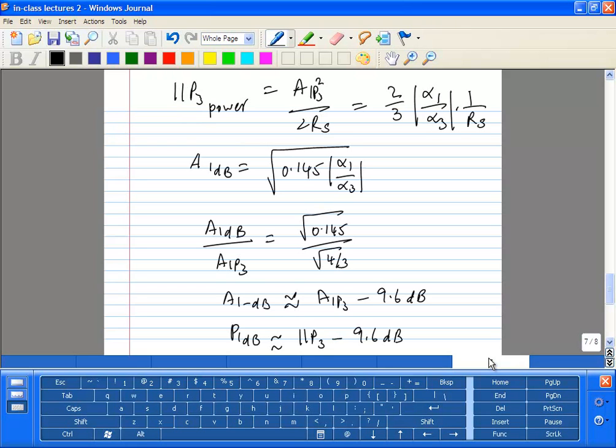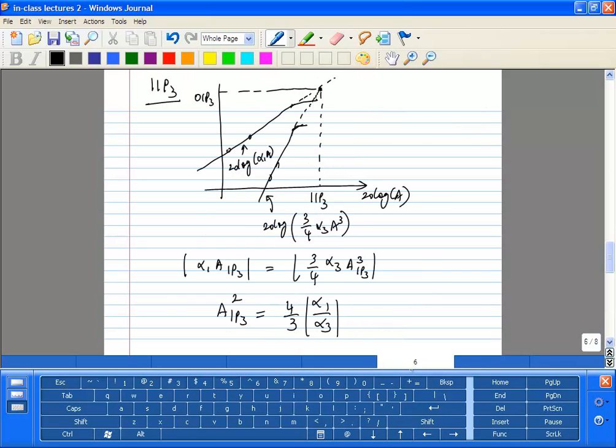Sir, there should be a relation of log between that. Why? This one is also square, actually. So this is root of 4/3 alpha 1 over alpha 3.